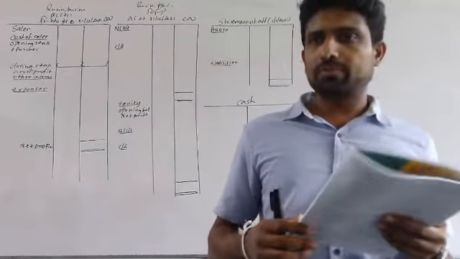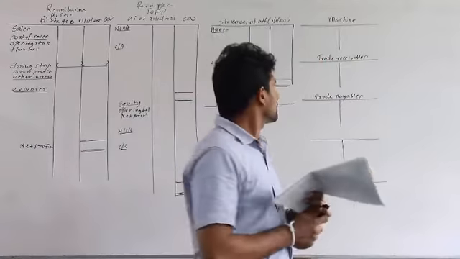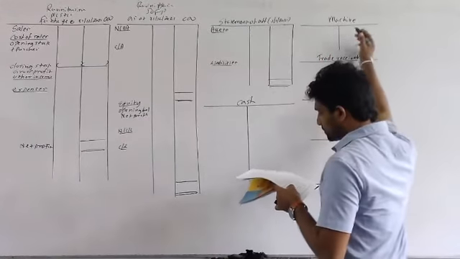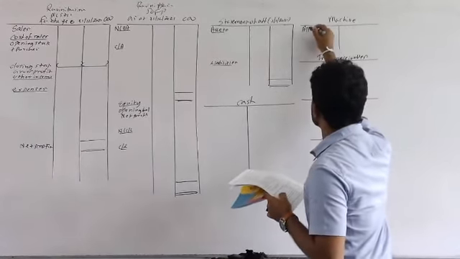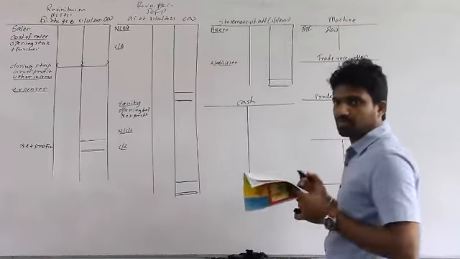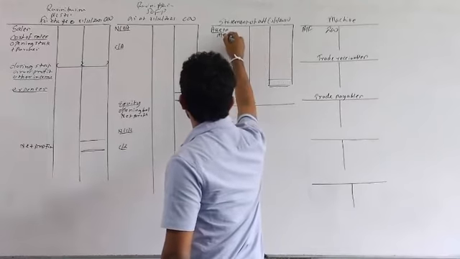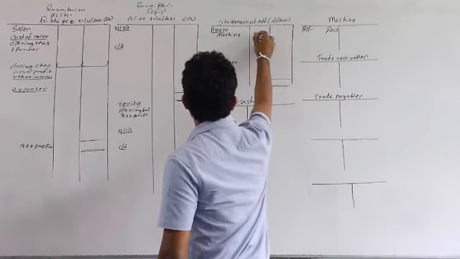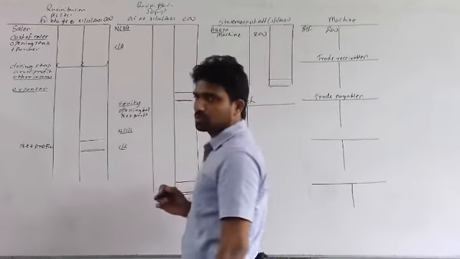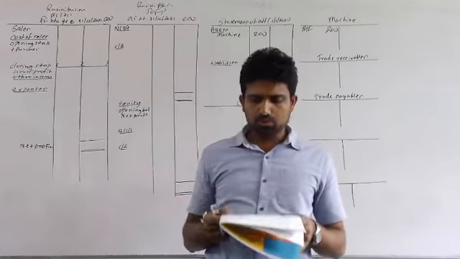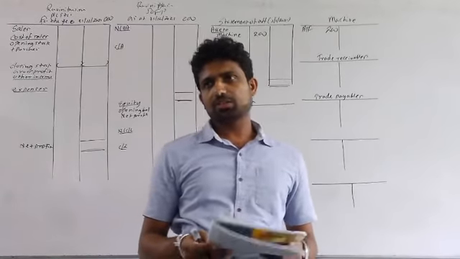I'll start with the opening and closing balances. I'll draw the machine account where the opening balance is a debit balance 200, and take this under assets 200. The closing balance is not given, it's a question mark.